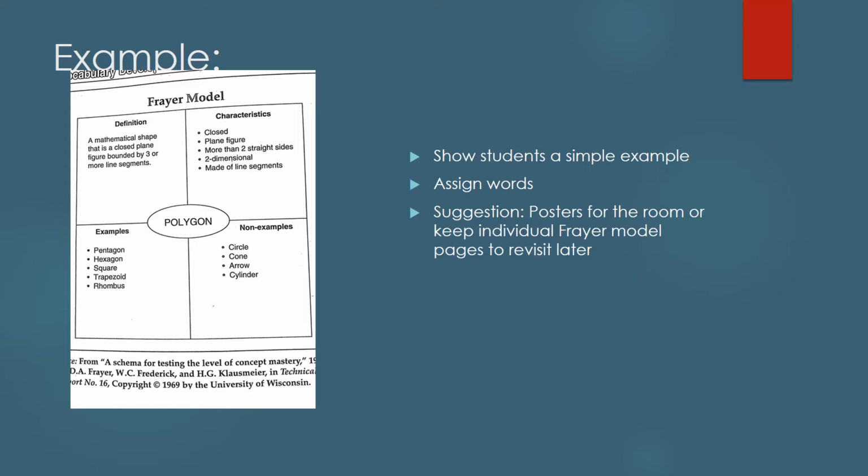So with this example, you would want to show why a pentagon is an example, and then on the flip, why is a circle not an example, or why is it a non-example?